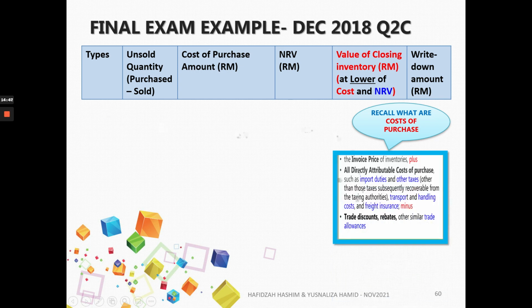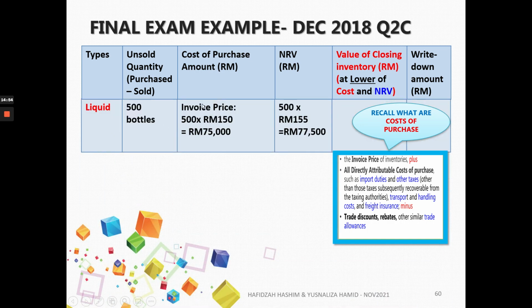And recall this again, what are the components of the cost of purchase? For our case here, the invoice price is given for the liquid bottle, 150 multiplied, and then you get the figure. NRV is 155 per bottle for the 500 liquid bottles, and that would be 77,500.